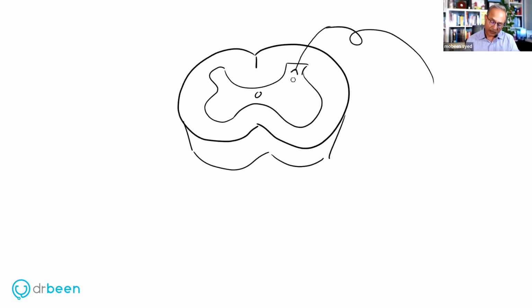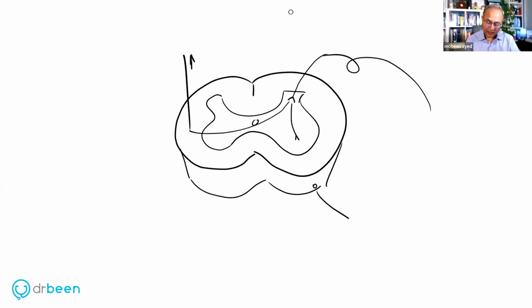Then there is a relay towards the other side and the fibers go up. So this is the spinothalamic tract we're talking about. But what we are seeing is that from the higher centers, from the respiratory center, fibers are emerging that come down here and relay on the dorsal horn.